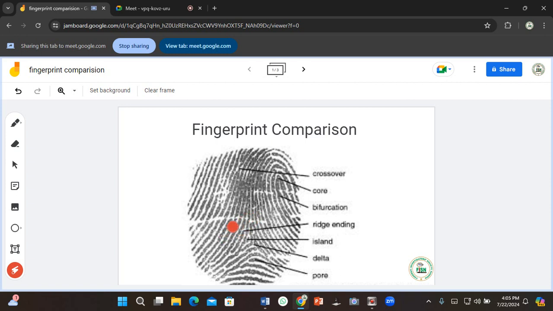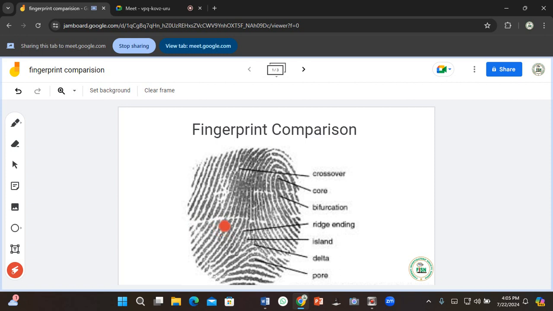But if you look at it, you know that this is a continuation of this line. What really happened is that there was an injury on the hand, and that rendered that one not to be a continuation.